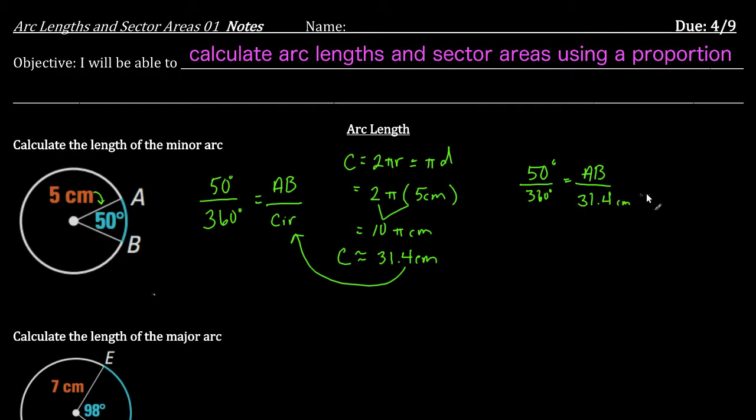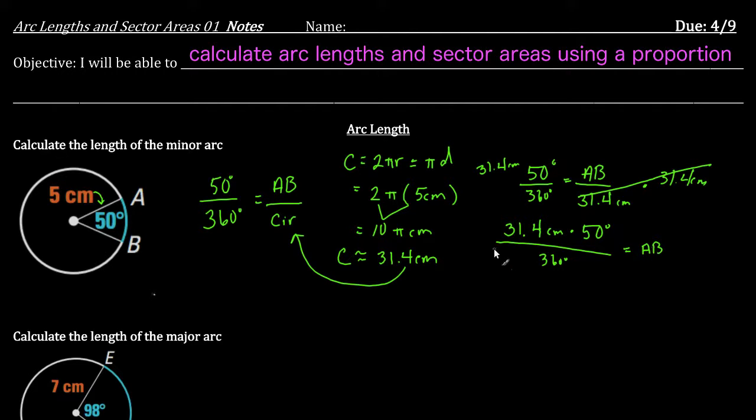For our sakes, I'm just going to multiply both sides by 31 and 4/10 centimeters. So you just get 31 and 4/10 centimeters times 50 degrees, all over 360 degrees. And then that'll give you AB, the length of AB.